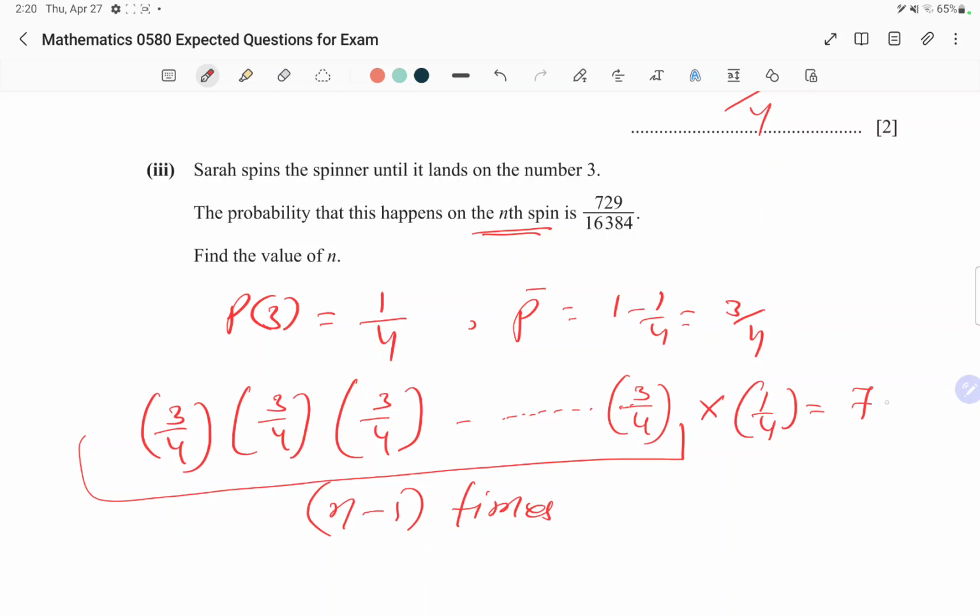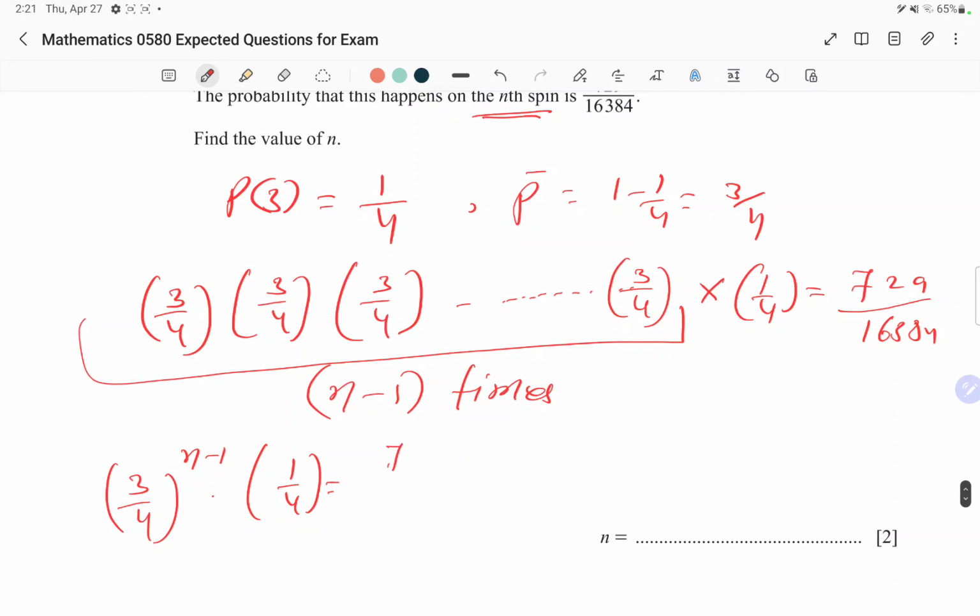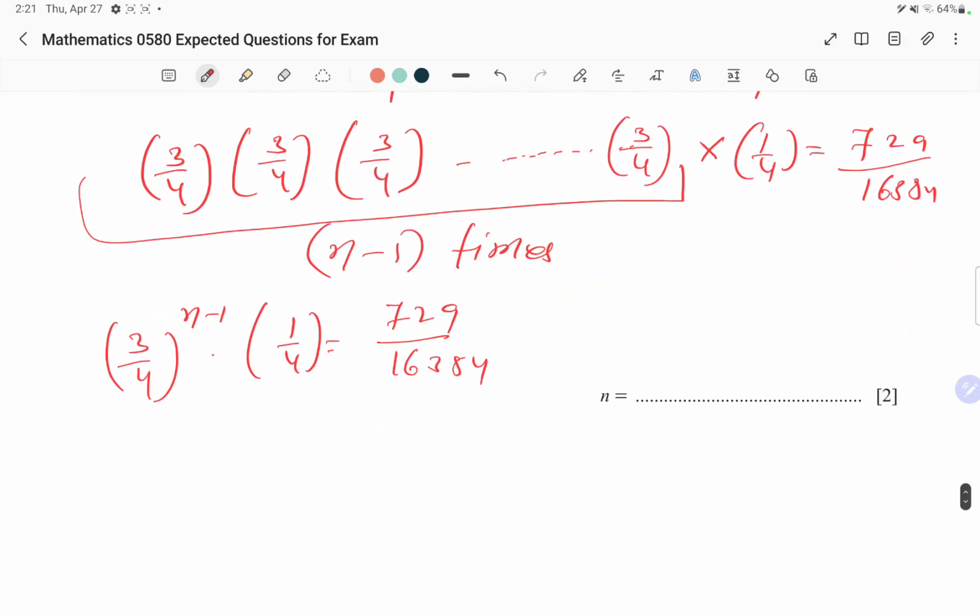Now the whole thing is 729 over 16384. So what we got is (3 over 4) to the power n minus 1 times 1 over 4, which is 729 over 16384, right?